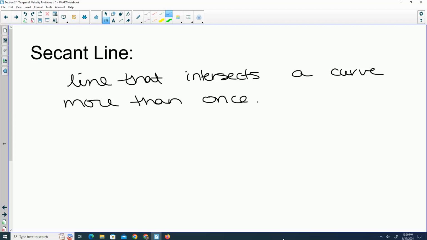And so what we did is basically took a bunch of different secant lines, getting closer to the one we were interested in, and estimate our slope from there. And we had to do a lot of them.